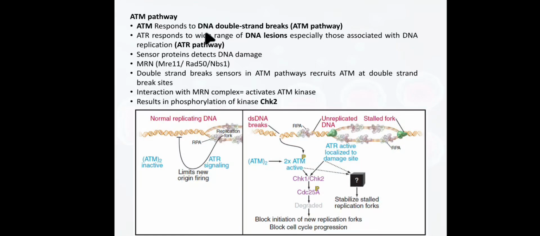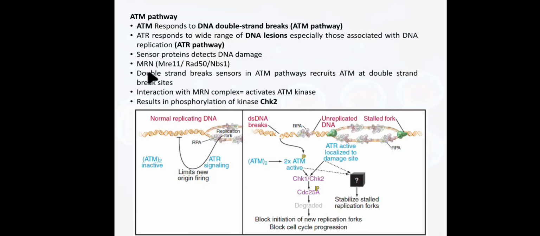ATM pathway: the ATM pathway responds to double-stranded breaks. ATR responds to a wide range of DNA lesions, especially those associated with DNA replication. Sensor proteins detect the DNA damage. The sensor protein of the ATM pathway is MRN.